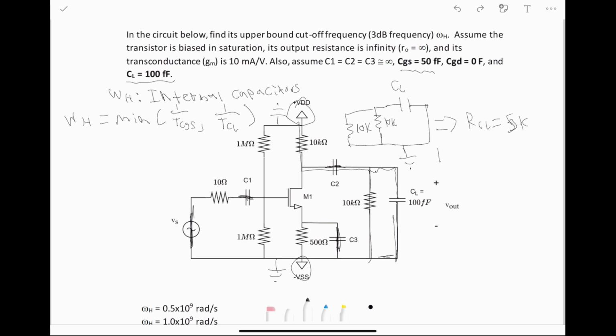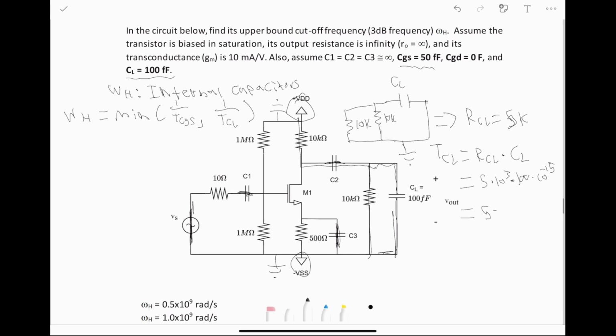And then tau CL is going to be equal to RCL times the capacitance of that capacitor CL, which is equal to 5 times 10 to the third times 100 femtofarads, 100 times 10 to the negative 15th. This is going to simplify a little bit, or at least I would say it's simpler to, let's say, 500 times 10 to the negative 12.